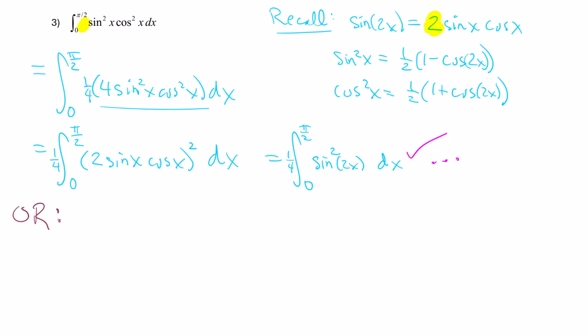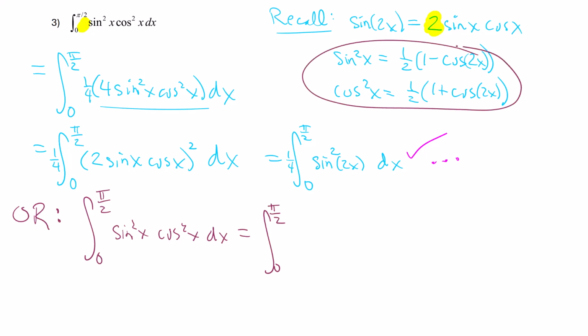another option would be to do the following. I'm going to take the original, so the integral from 0 to pi over 2 of sine squared x times cosine squared x dx. Again, that's just the original given integrand. But if I simply replace both of those factors with their power reducing formula equivalents that we've also recalled, then it's possible to replace this integrand.